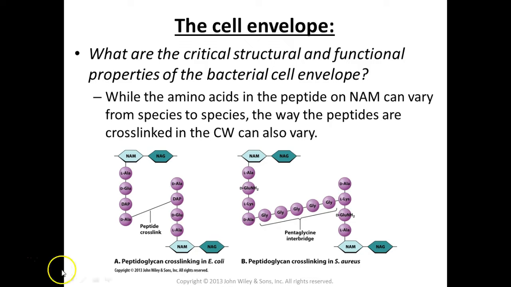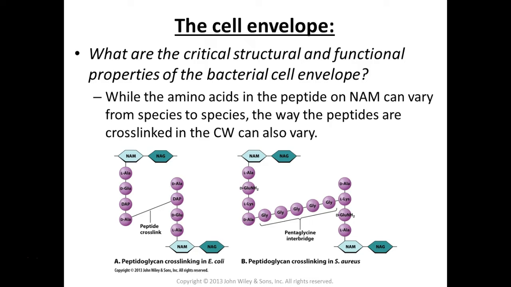So Staph aureus is a gram-positive bacteria. It has an additional linkage of 5 glycines, what we call an intrabridge, between the two tetrapeptides. This creates greater stability of the multiple layers that form in gram-positive.